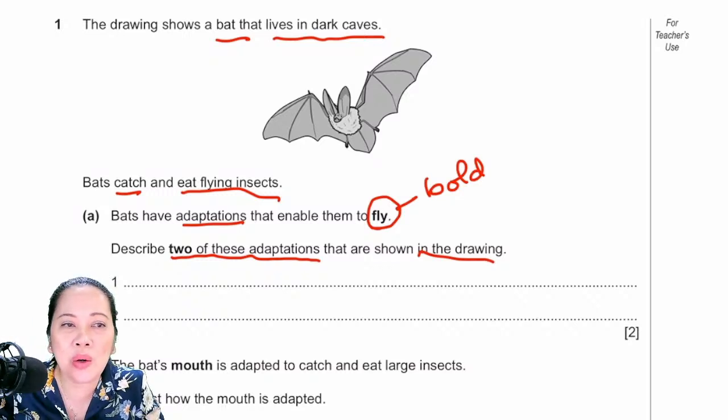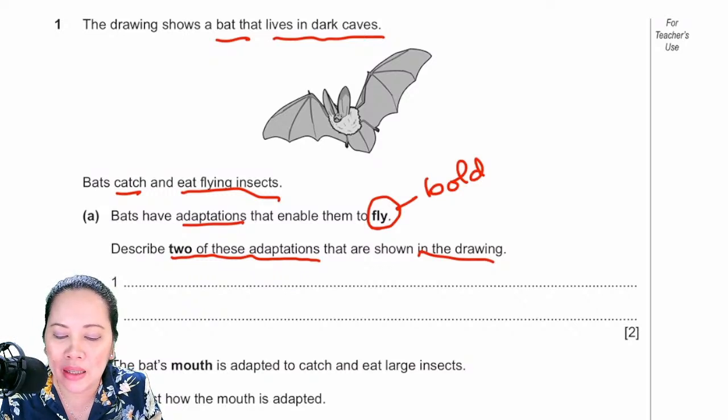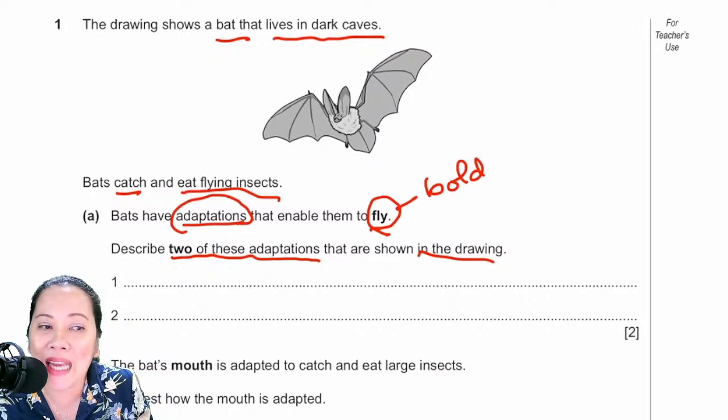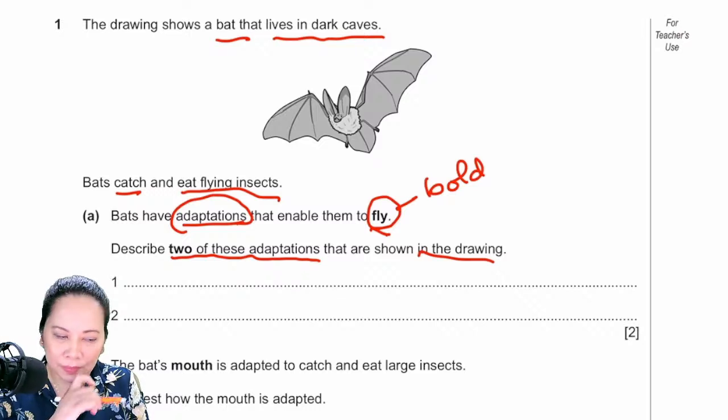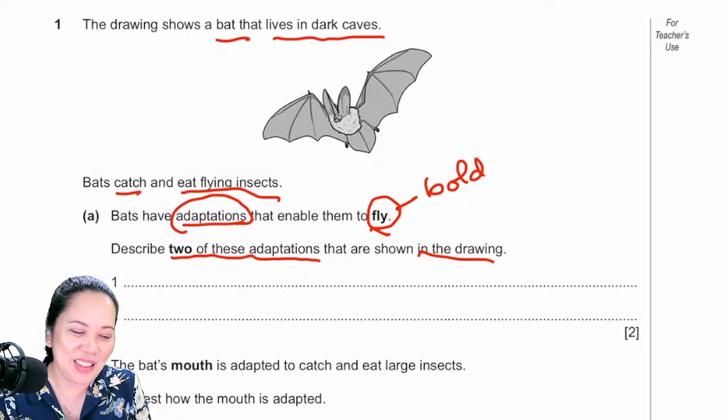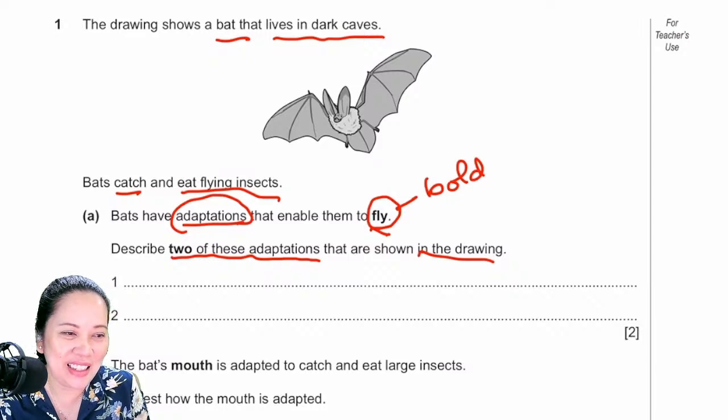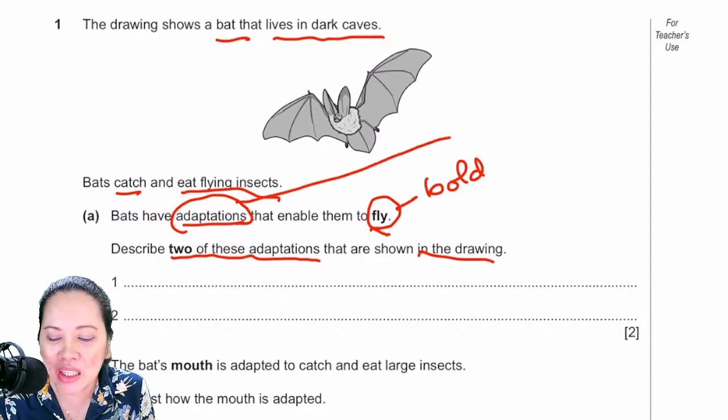All right. So, our cue word here is "enable them to fly" and the word "adaptation." So, what is adaptation? Adaptation is when you adapt.